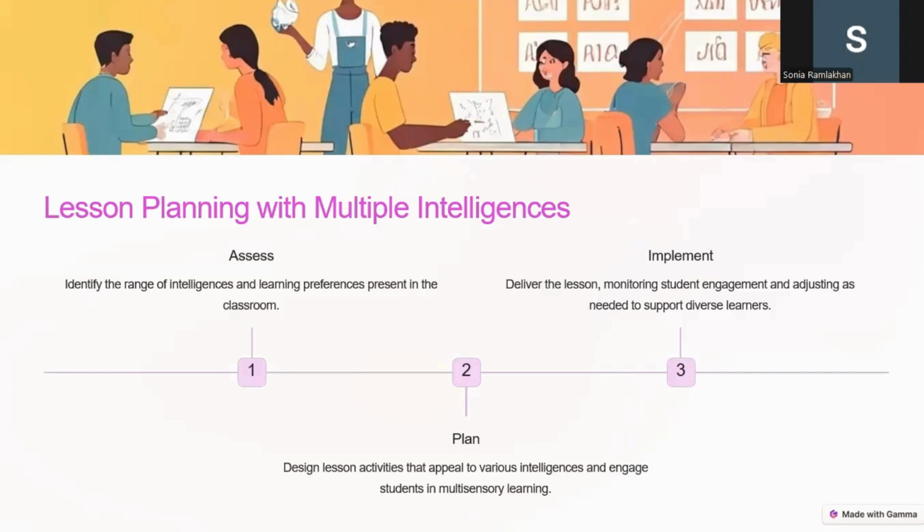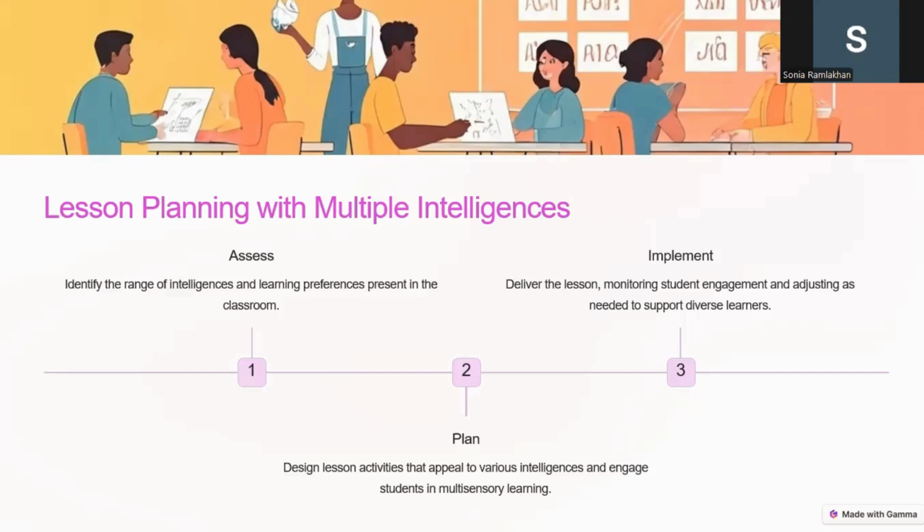Two, we have plan. Design lessons that appeal to a variety of intelligences. Activities should be multisensory, engaging students through a combination of visual, auditory, and kinesthetic experiences to foster deeper learning.